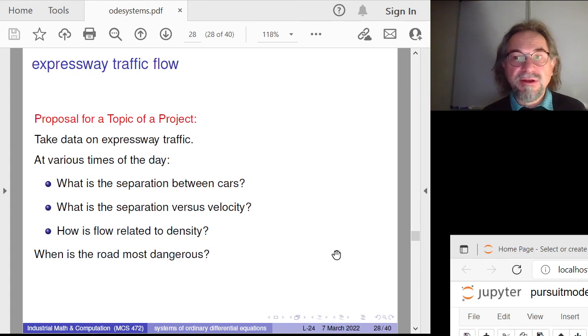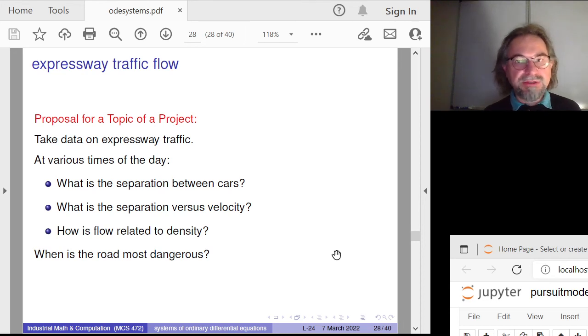So you can even look from some of our towers and take a video of the traffic. And then you can try to measure at several times of the day what is the separation between the cars, and what is also the separation versus velocity. Do you really observe that if there are more cars, if the traffic gets denser, that hopefully also the velocity gets smaller?